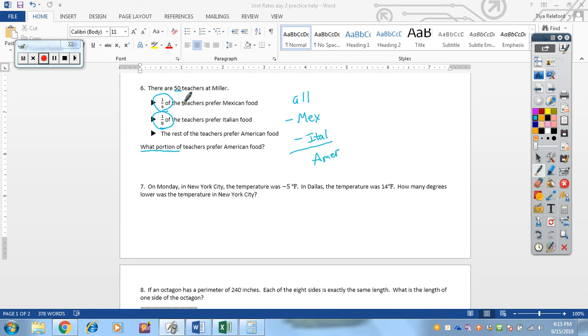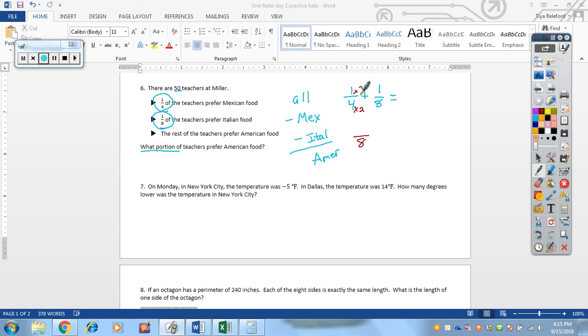So how many people like Mexican food? 1/4. And how many people like Italian food? 1/8. And I need a common denominator. So your problem's different, but you still need a common denominator also. I'm going to use common denominator 8 because 4 times 2 is 8.